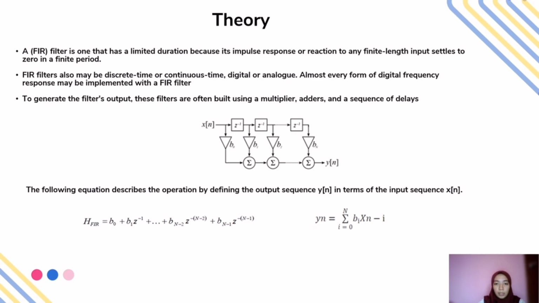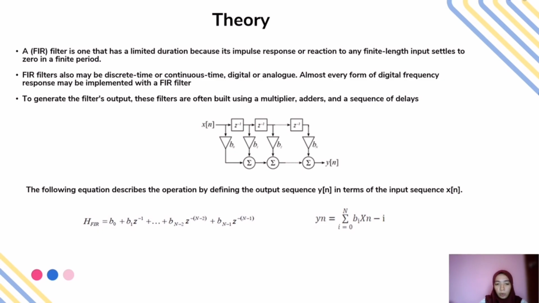The following figures show the illustrations of an FIR filter in software and hardware. The following equation describes the operation by defining the output sequence y[n] in terms of the input sequence s[n]. First, the equation b0 plus b1 z.